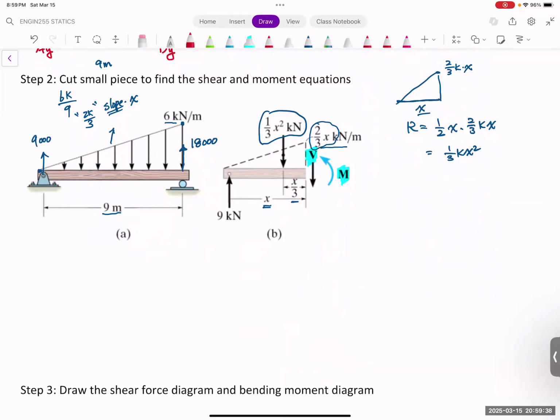So let's do the summation f of y. Summation f of y equal to 0, and our y has 9,000 going up. We have this much going down.